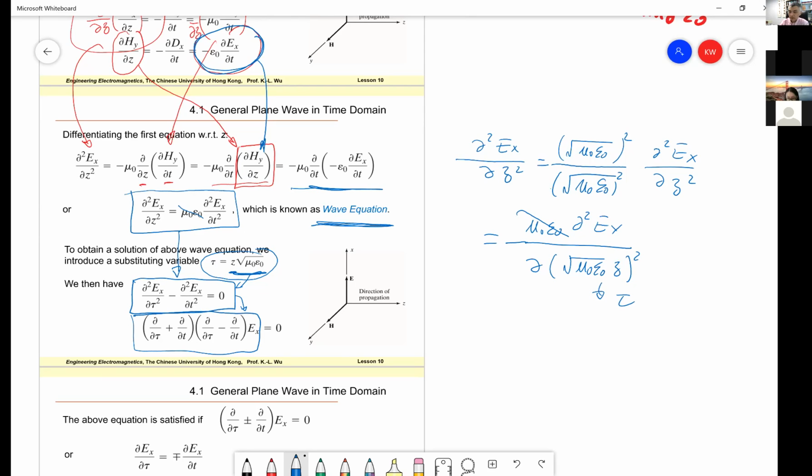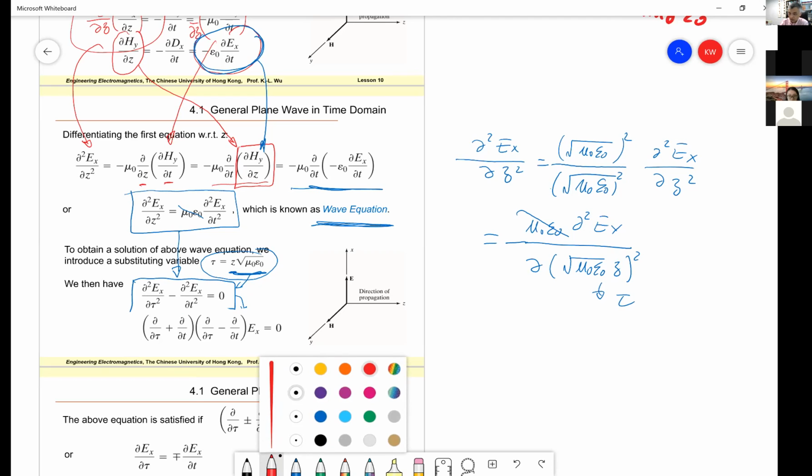This equal to this. If you don't agree, just do the multiplication, the partial tau times the partial tau and so on, and then you can have this. When this equals 0, I use a red color because I think this is more important.